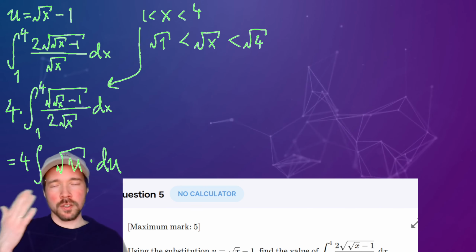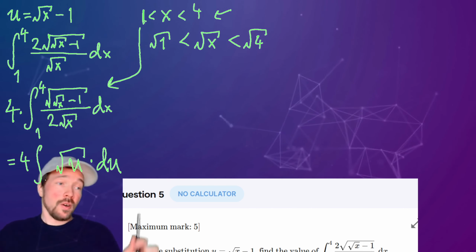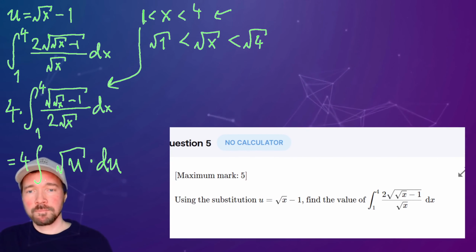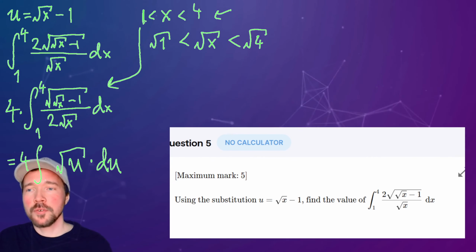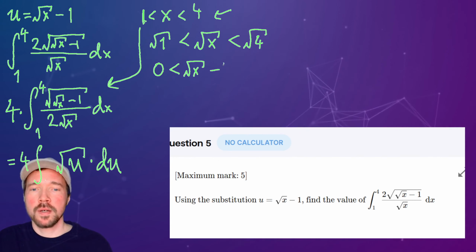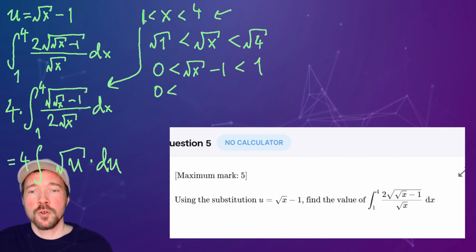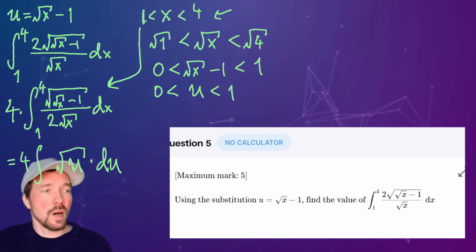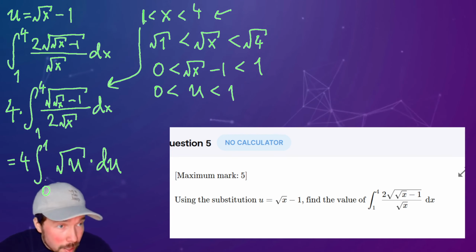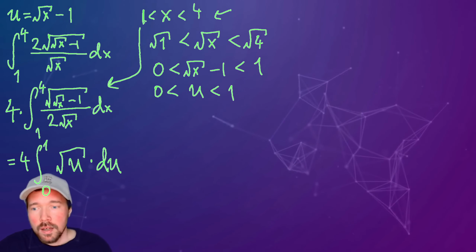And square root is a monotonously increasing function, which is why taking square root in this inequality on each part will not change the signs of the inequality. And then subtracting 1 will make this 0 is less than square root of x minus 1 is less than 1, which means that the u goes from 0 to 1. So the new bounds are from 0 to 1. I almost made a mistake by forgetting to do that. Okay, almost is almost. It means that there was no mistake. Let's continue.